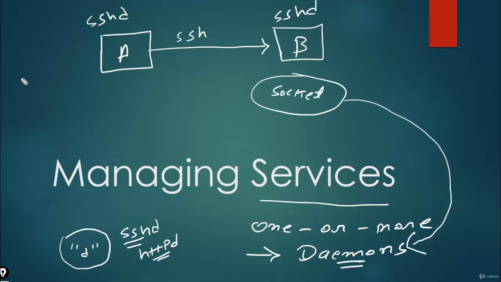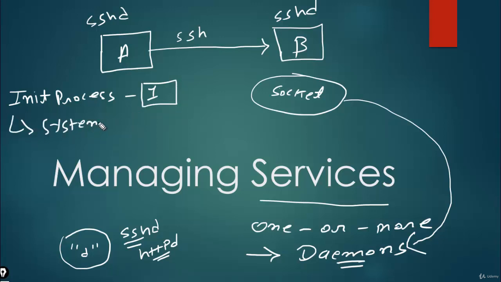Many years ago, in a Linux or Unix based operating system, there was an init process with a PID of 1. Now it is replaced with the systemd process in new Linux environments.